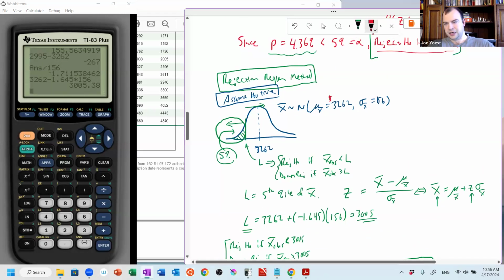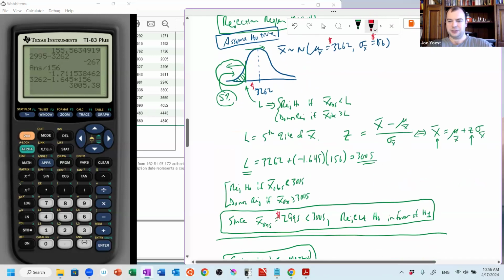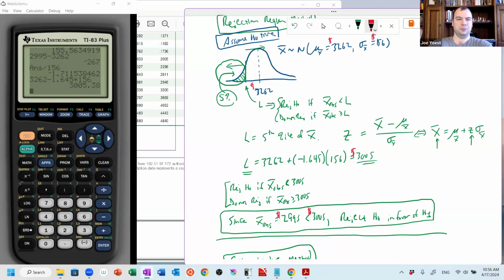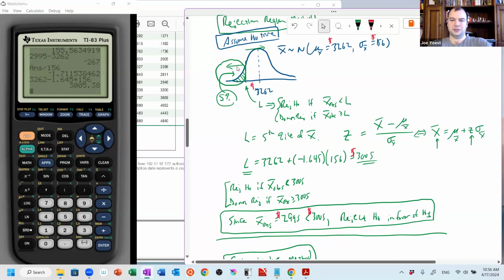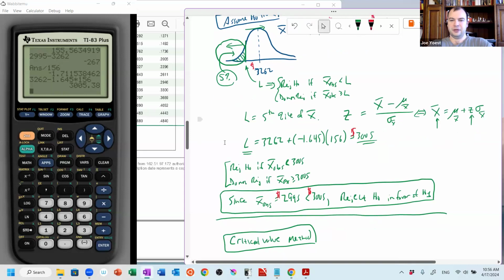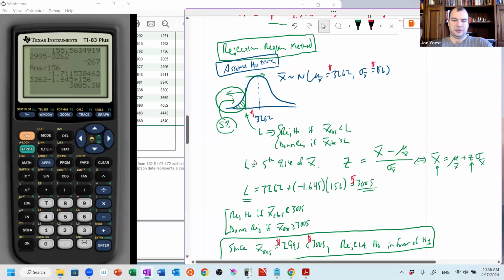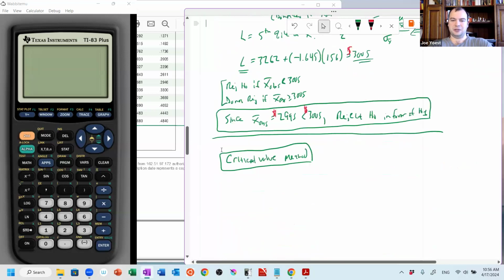But so did these, and this one, and therefore so does my cutoff for the rejection region. So in the rejection region method, I'm doing all of my work in some sense in units of the original data. And again, that's a perfectly reasonable thing to do in some situations.